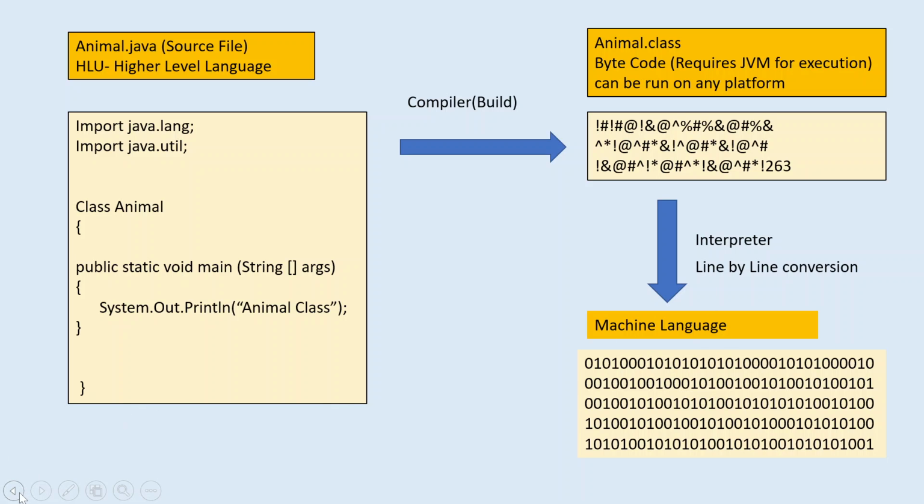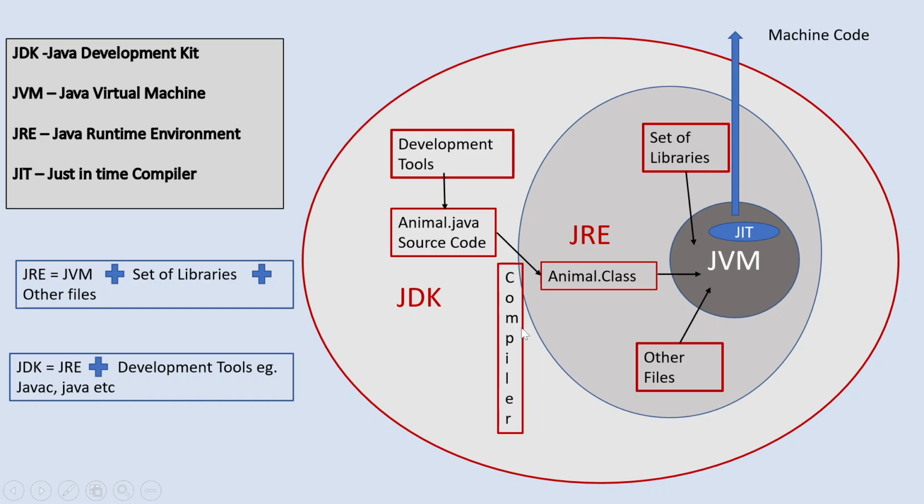If I move back to the previous slide, you can see this animal.class file is given to the JRE at runtime along with other files and a set of libraries. The JVM will convert it into machine code, that is ones and zeros. So the input to the JVM is the animal class file, other files and some libraries, and the output is the machine code.